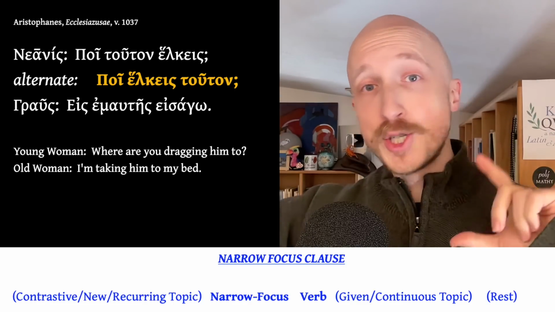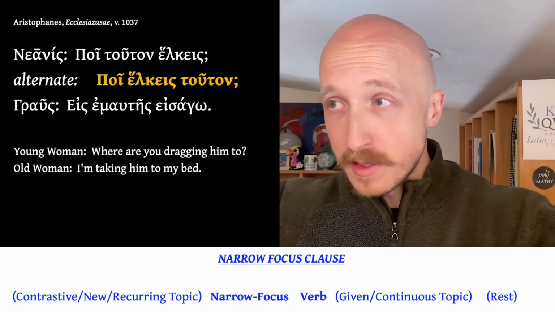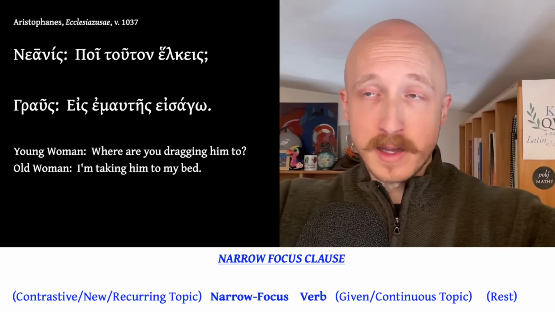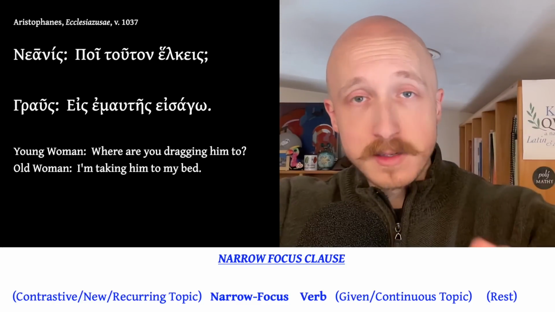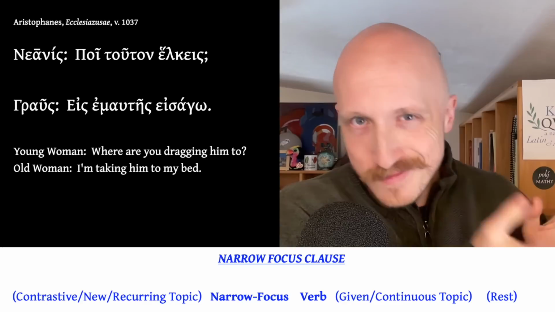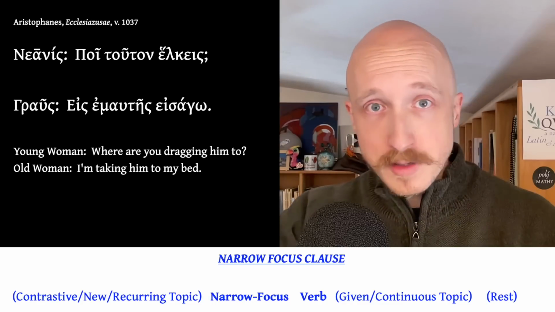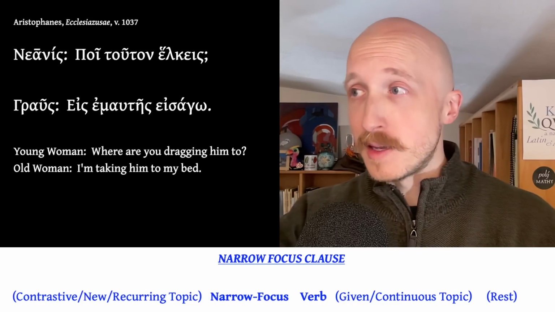So that's what changing the word order would do. And that's why the word order given is the one that makes the most sense in this context. Poi tu ton helkes. Most important thing, the whither, and then this guy, and then the dragging. That's pretty obvious. Esamautes, an answer to the question right at the beginning.